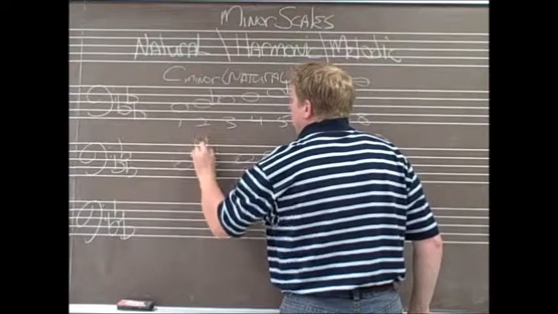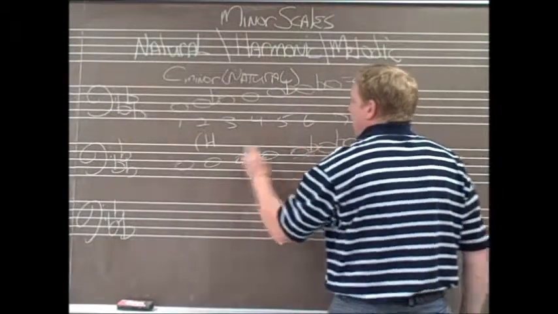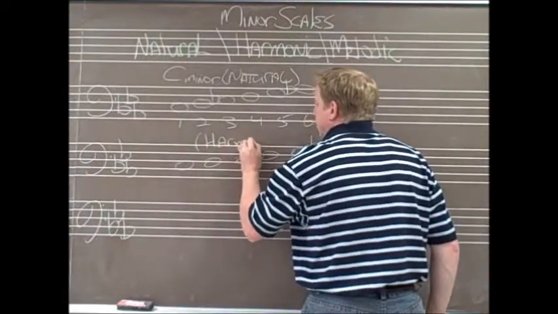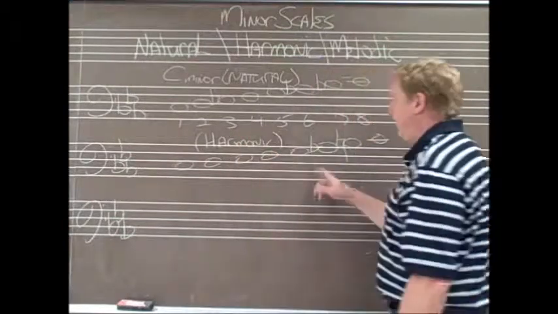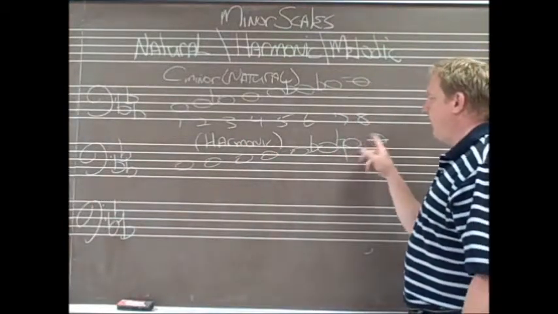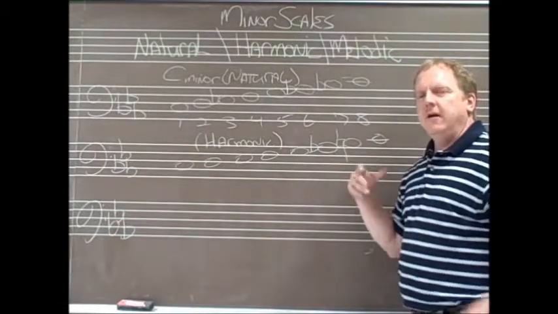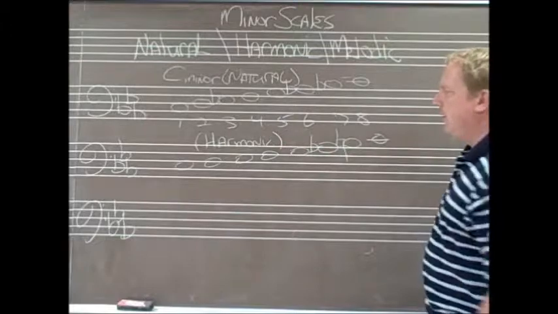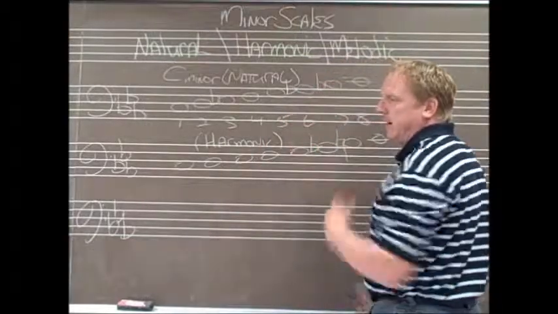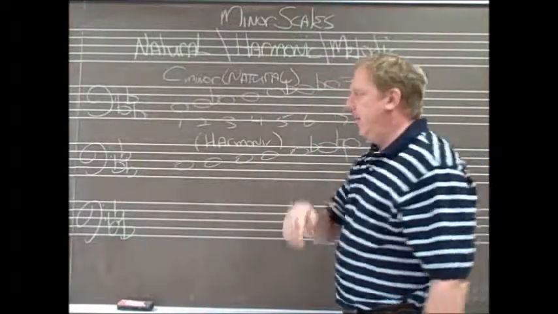Natural minor, harmonic minor. And again, you end up with a scale that sort of has 2 different types of accidentals. You have a flat and a natural. Very common occurrence with harmonic minor scales. And then melodic minor, different notes going up and coming down.